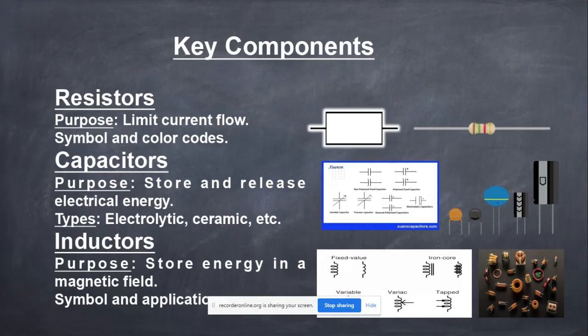These are the key components in the discipline of electrical engineering and electronics. So let me start from the first one, resistor. The main purpose of a resistor is to limit current flow.